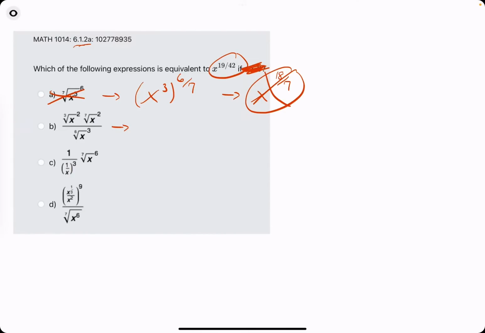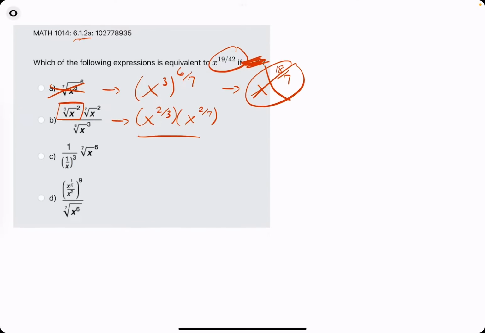B, let's simplify what we can do. So each of these we talked about before, how they can simplify like so. Whatever the root number is becomes your denominator in your exponent. So we're doing x to the 2/3, x to the 2/7, all over x to the 3/6.